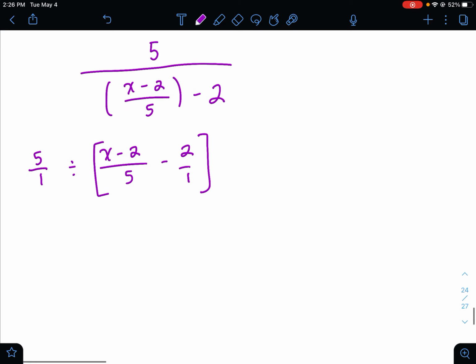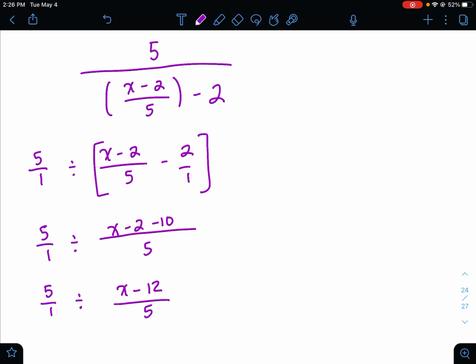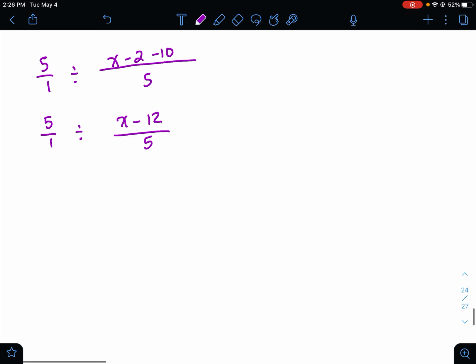This is your little bit of a reminder on complex fractions. Common denominator is 5, so I have x minus 2 minus 10. So 5 over 1 divided by x minus 12 over 5. Keep the first fraction the same, multiply by the reciprocal. Multiply straight across.